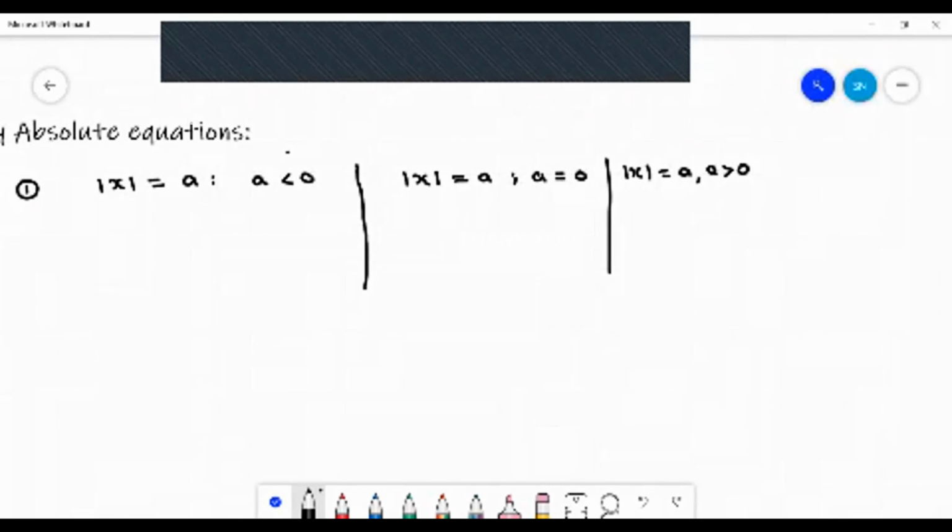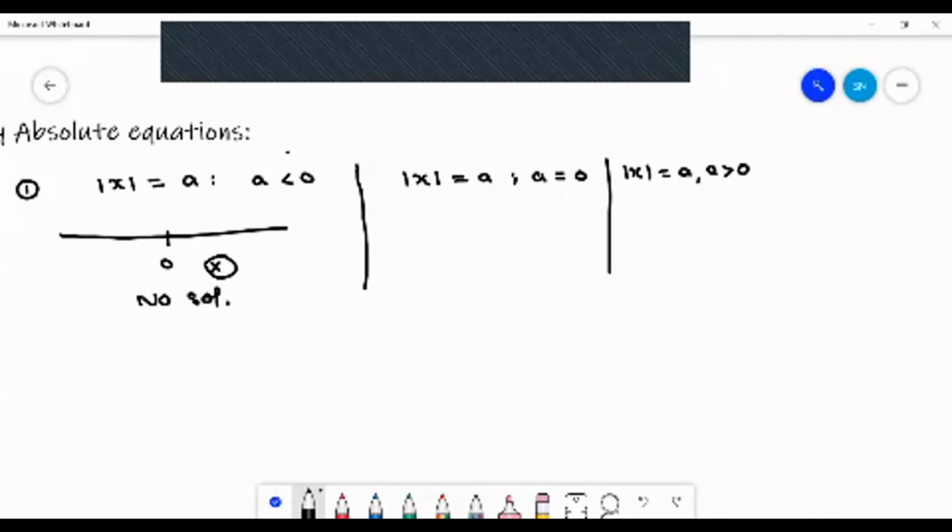There is no possibility of a distance away from 0 being a negative value. The distance from 0 to x would be a negative value, so this is not at all possible. So modulus of x is equal to a will not have any solution when a is less than 0. No solution for this case.